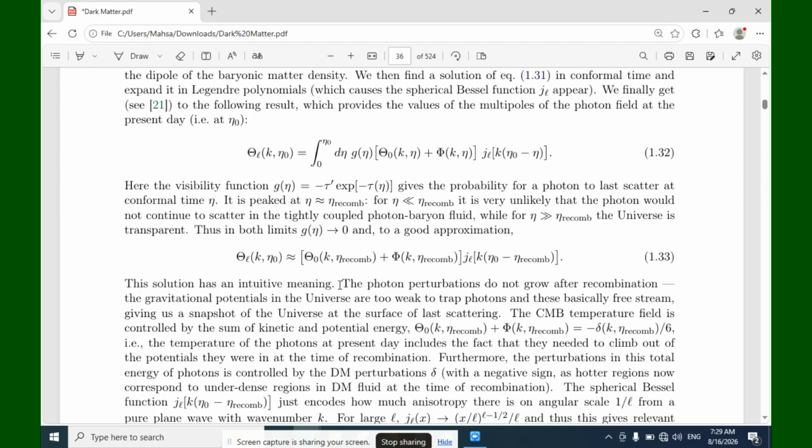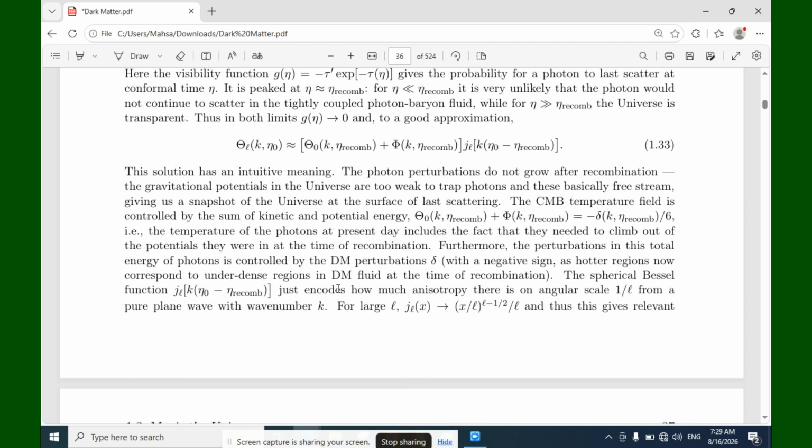For example, the temperature of the photons at present day includes the fact that they needed to climb out of the potentials they were in at the time of recombination. Furthermore, the perturbations in this total energy of the photons is controlled by the dark matter perturbations with a negative sign, as hotter regions now correspond to underdense regions in the dark matter fluid at the time of recombination.